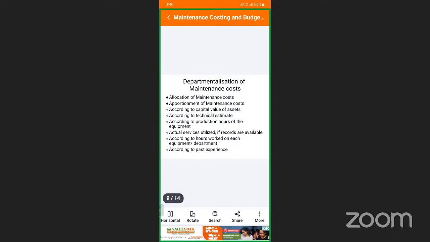Whatever cost was incurred for the stationery can be directly allocated to our department, isn't it? Yes. So that can be directly allotted. That is known as allocation. Allocation can happen if it is a direct cost. Direct cost is when you are able to relate that cost to a particular department or particular job or particular product. I am able to assign a particular cost.